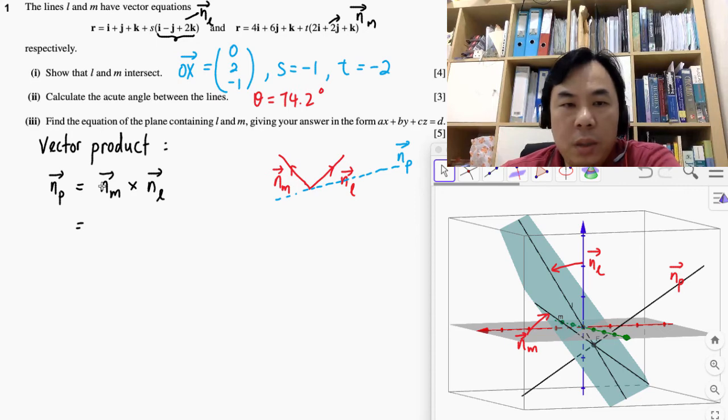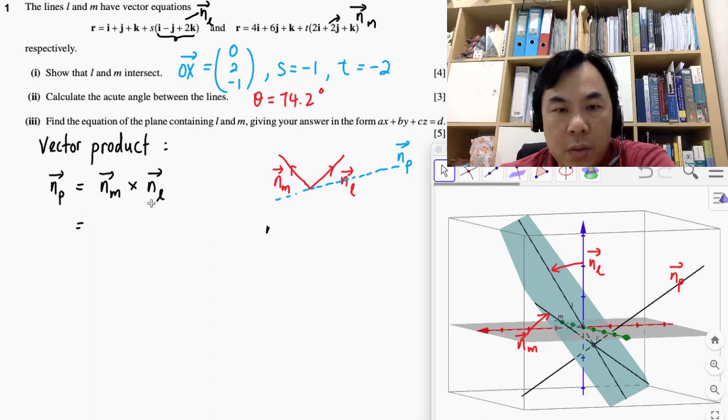Actually, order does not matter at this point, but in terms of vector products, order does make a difference. Just for reference, you have to remember that NM cross product with this is actually the same as the negative of NL cross product with this one here.